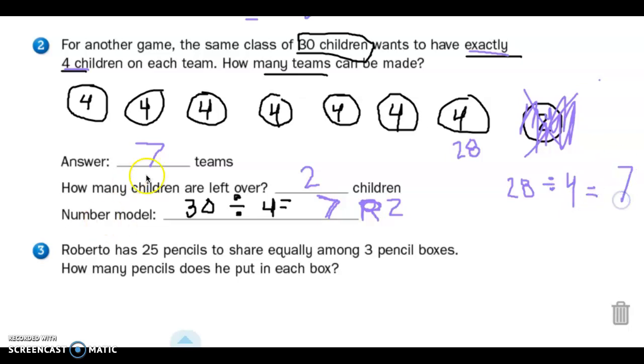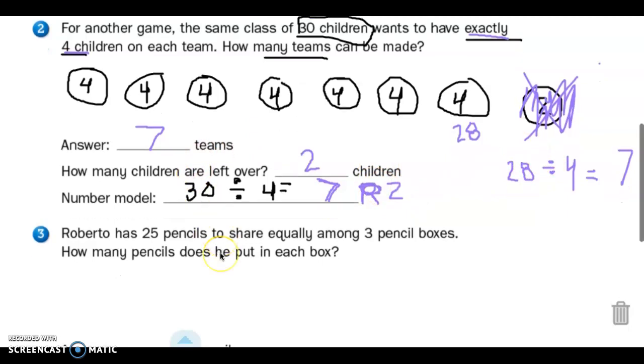But since I have 30, that means I can split 30 with 4 in each group 7 times, but I have 2 left over. I have a remaining 2. A remainder 2 left over, right? Because 28 plus 2 brings me to 30.